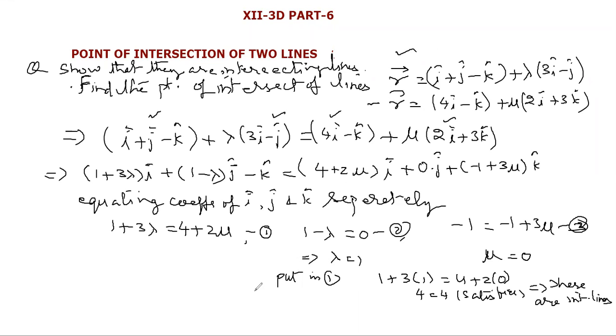If you put lambda is equal to 1 in the first line, we get vector r is equal to i plus j minus k plus 3i minus j plus 0k.